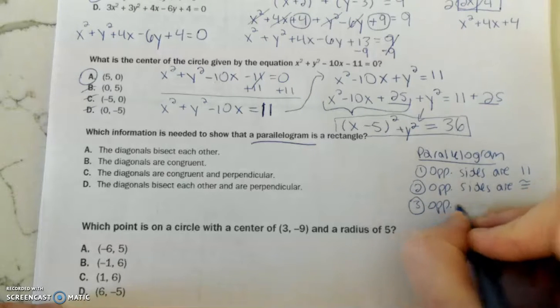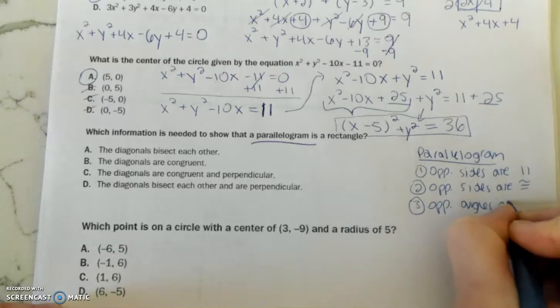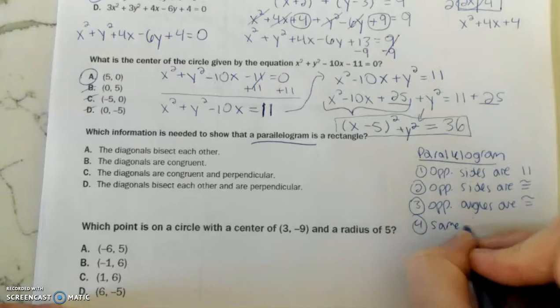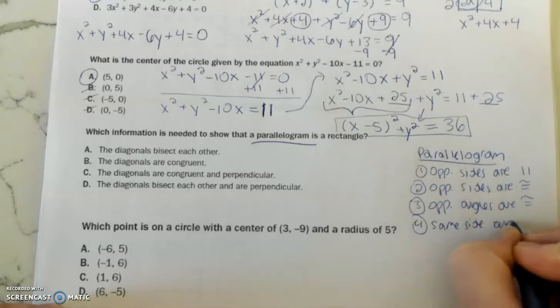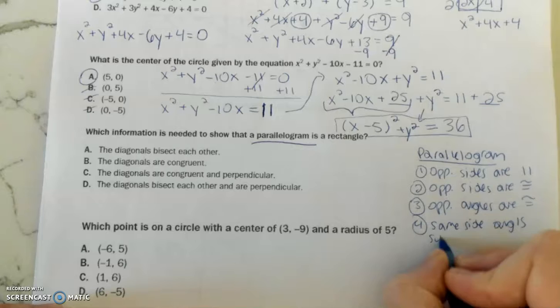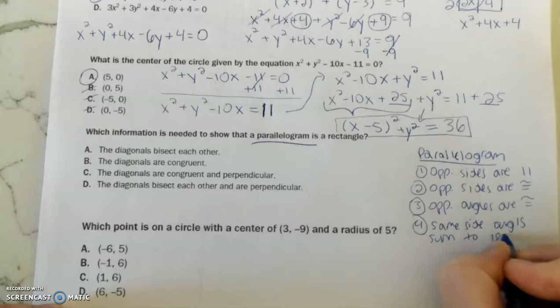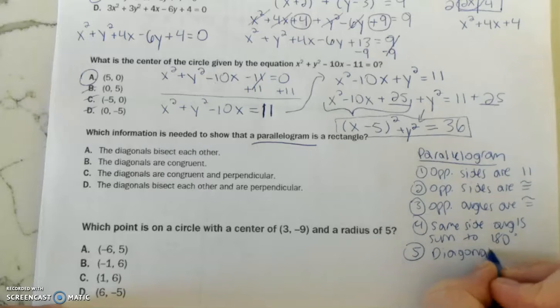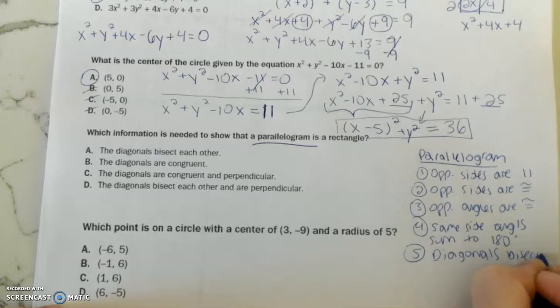Number 3, opposite angles are congruent. Number 4, same side angles sum to 180. And number 5, the important one for this problem, diagonals bisect each other.